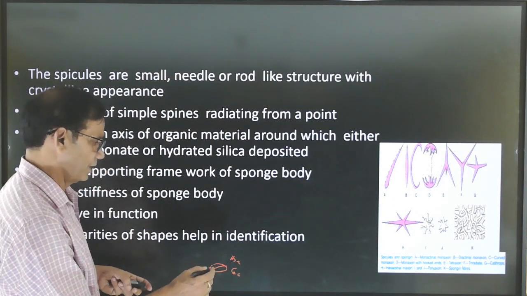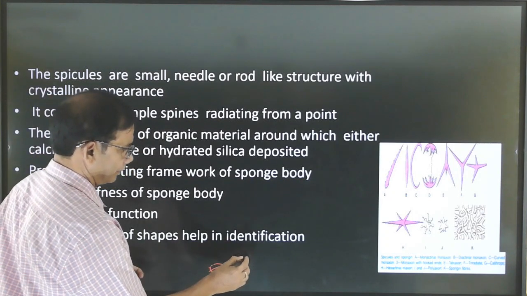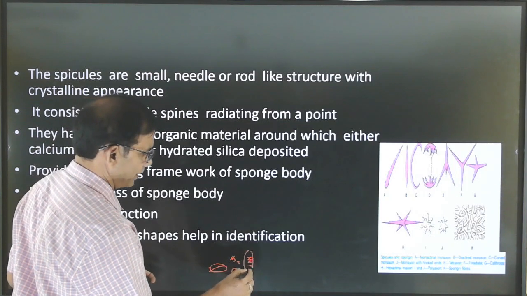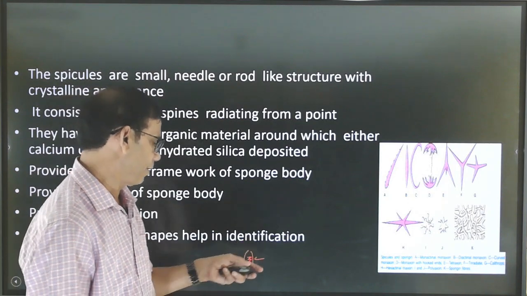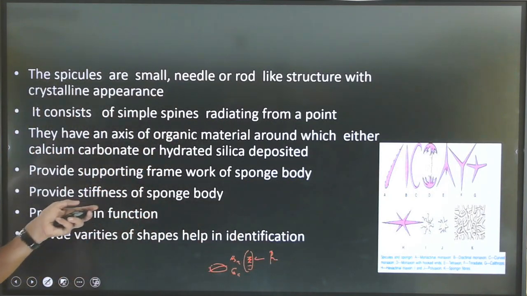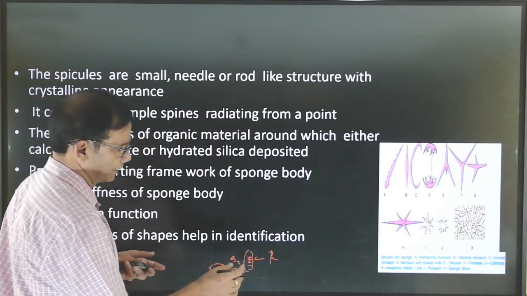So these are the spicules which help in various functions. As it looks like a spine, it can protect itself from predators. So the first reason why spicules are present is protective function, and due to the presence of these spicules it becomes stiff.